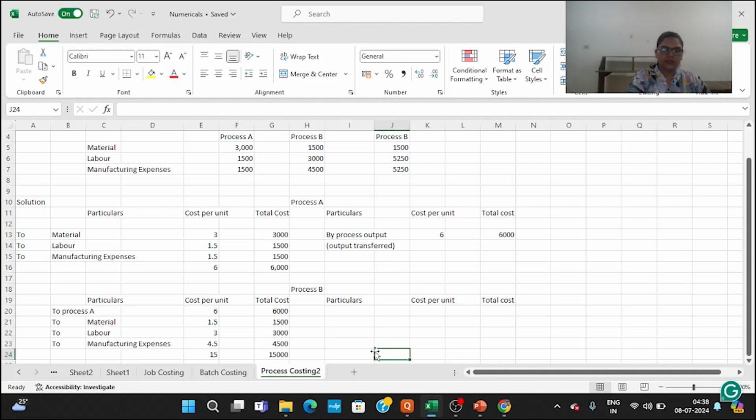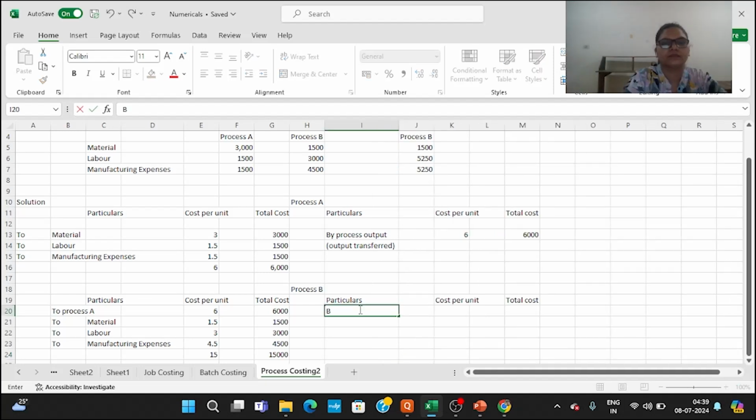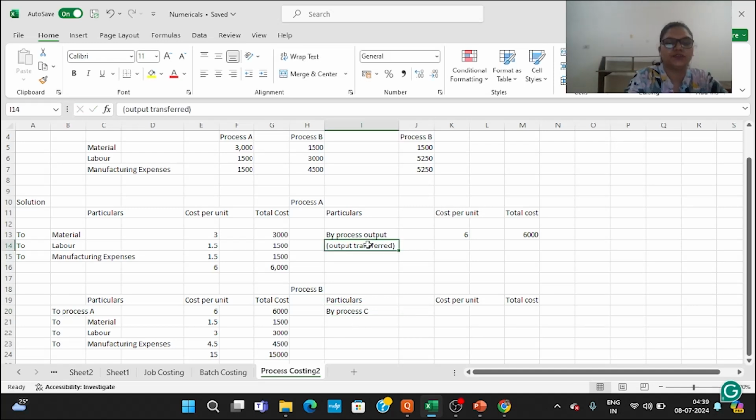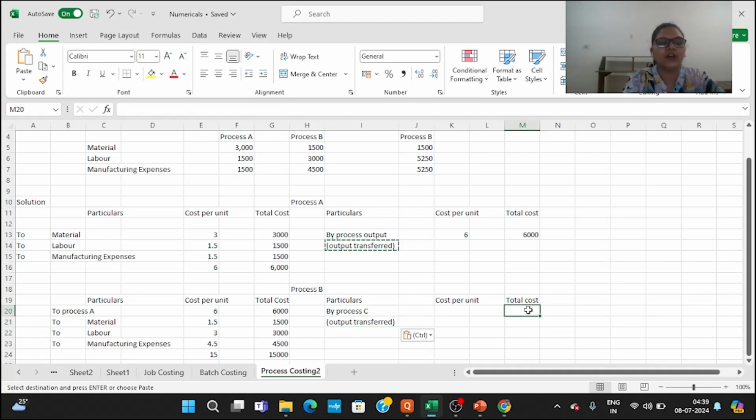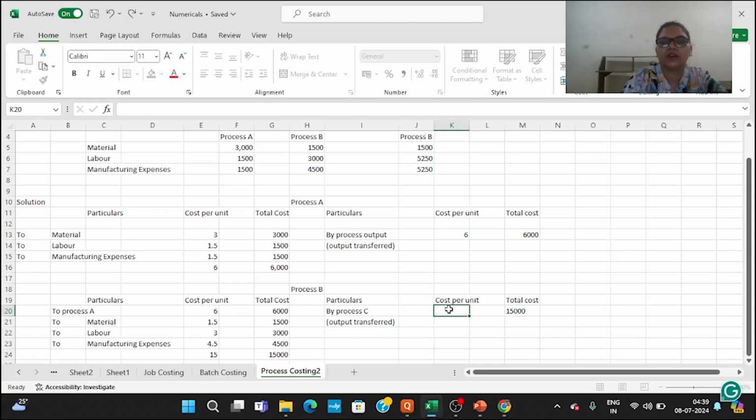Then by process C, this output will be transferred to process C account, and total cost we have all calculated 15,000, and cost per unit will be 15.